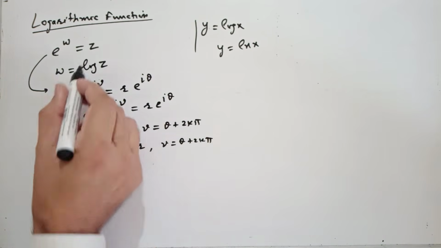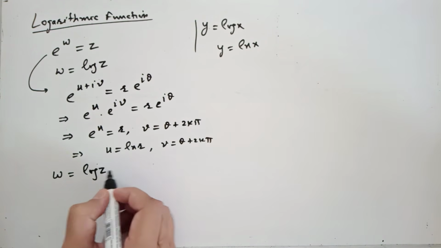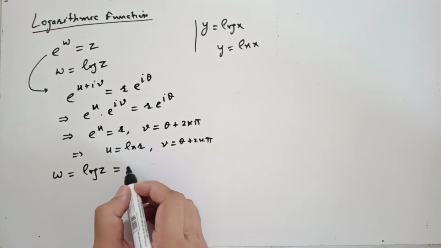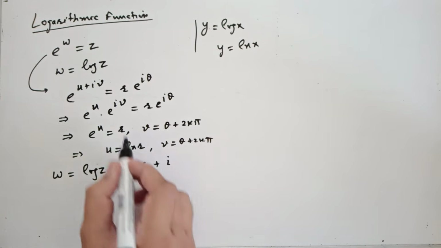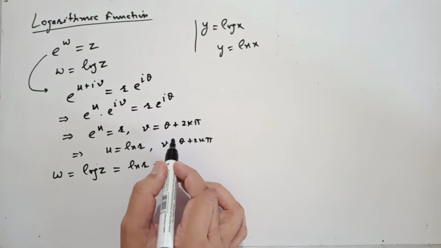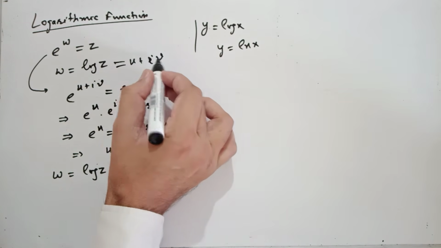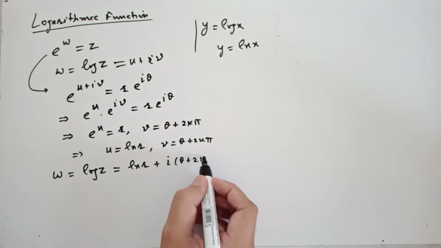So finally, what is the logarithmic function? It's a very important formula. You should know how to calculate logarithm of a complex number. It's ln r plus iota v, that is u plus iota v. You have determined u and v. So v is theta plus 2k pi.